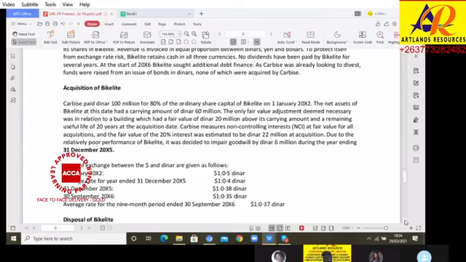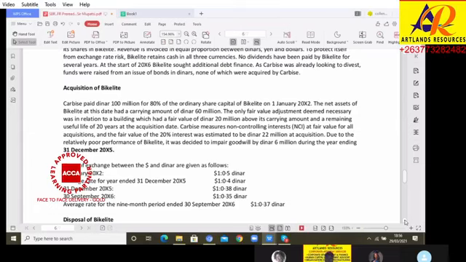The only fair value adjustment deemed necessary was in relation to a building which had a fair value of 20 million above its carrying amount and a remaining useful life of 20 years at acquisition date. Cabais measures non-controlling interests at fair value for all acquisitions, and the fair value of 20% interest was estimated to be 22 million dinars at acquisition date.